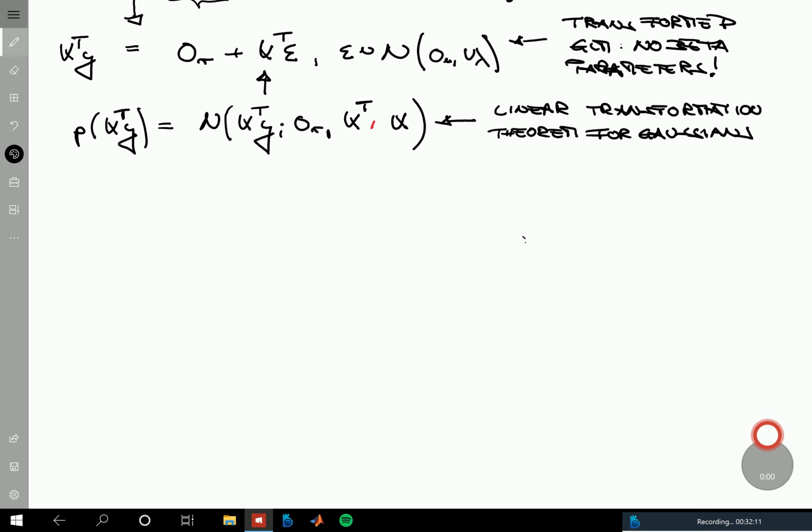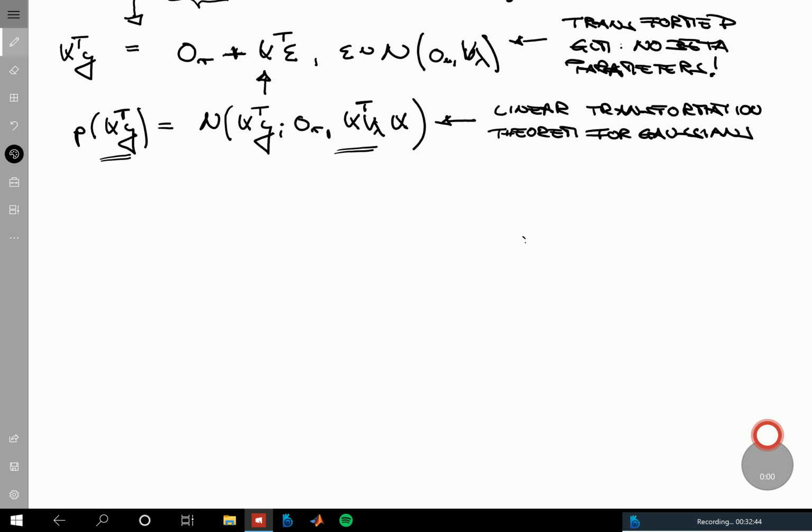Oops, sorry, not the epsilon there, the V(lambda). Essentially this is just transforming the errors, which were distributed according to this multivariate Gaussian, and because they are multiplied by a matrix K^T, they end up in the distribution of K^T y in the covariance setting.